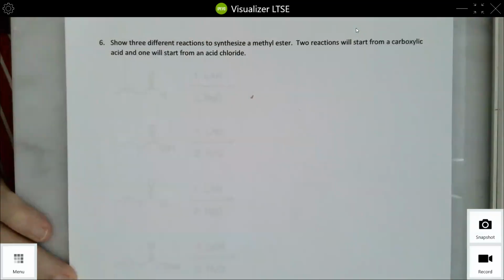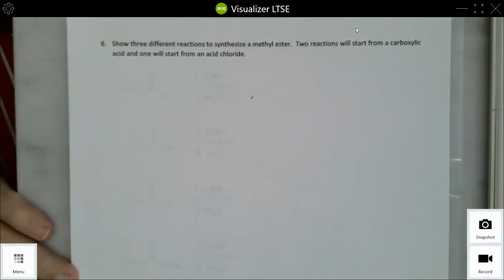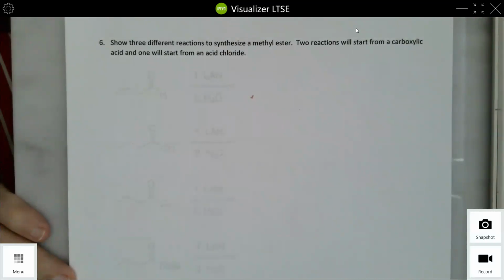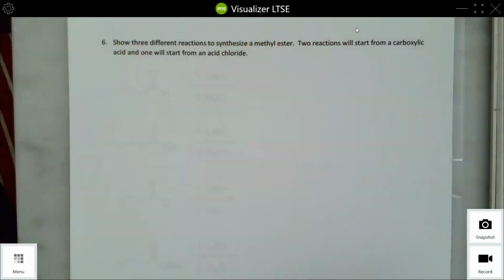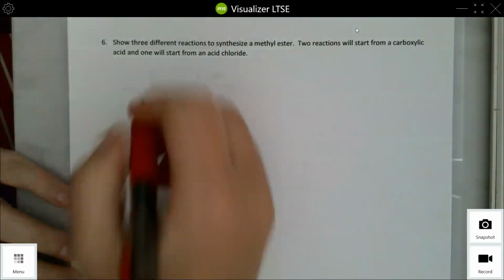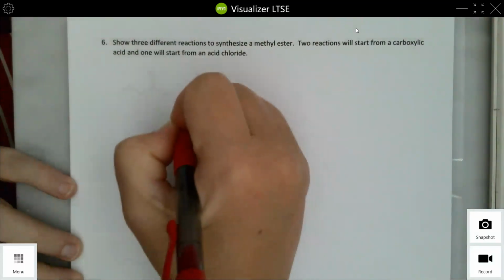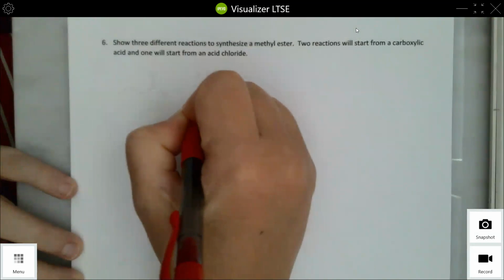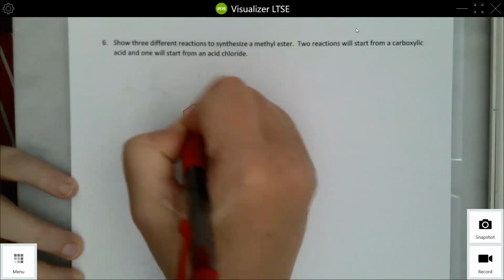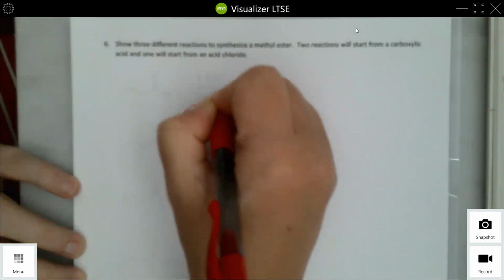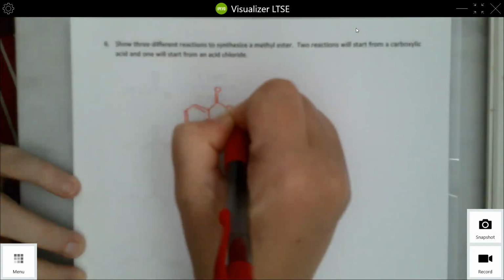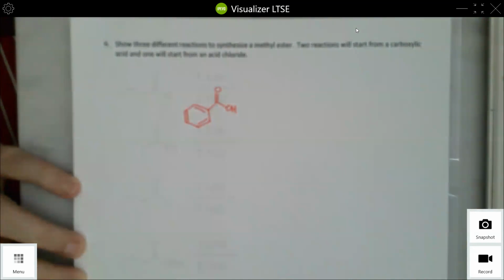Okay. So show 3 different reactions to synthesize a methyl ester. 2 reactions will start from a carboxylic acid and 1 will start from an acid chloride. So we said we will draw 3 reactions. 2 could start from a carboxylic acid. We could use any carboxylic acid, but I'm just going to use benzoic acid as an example.